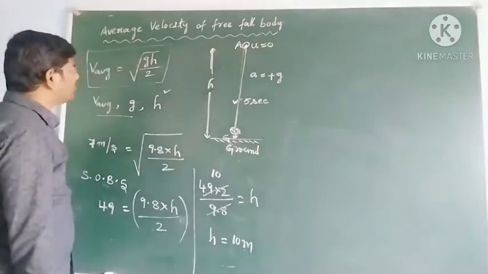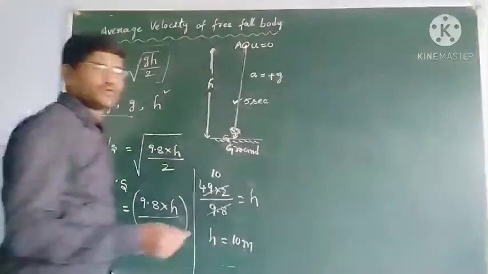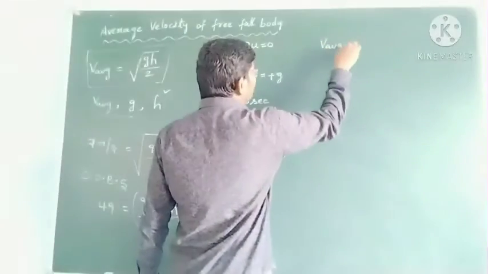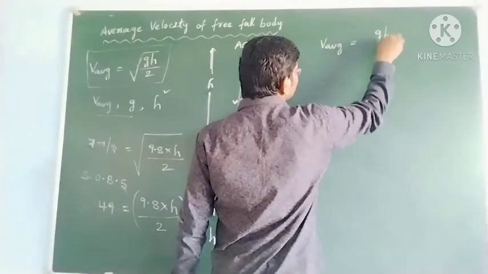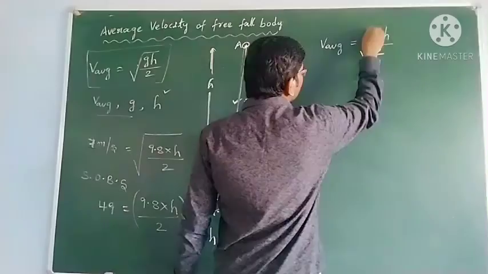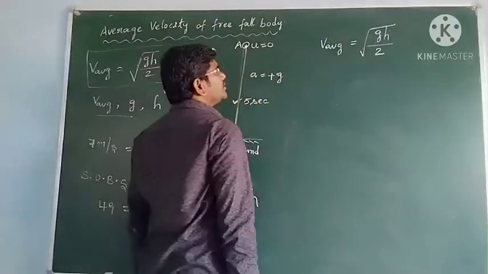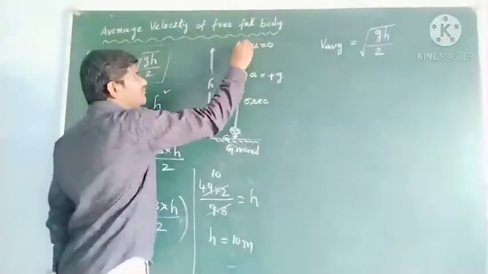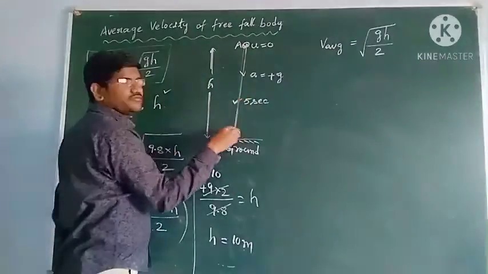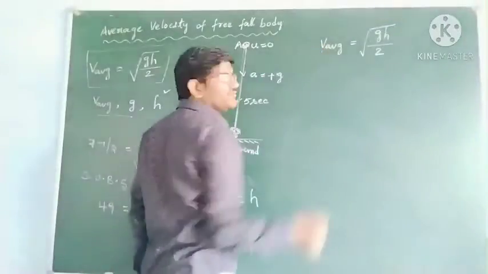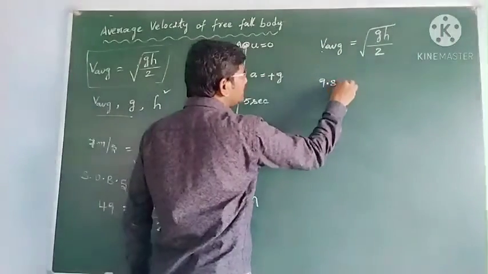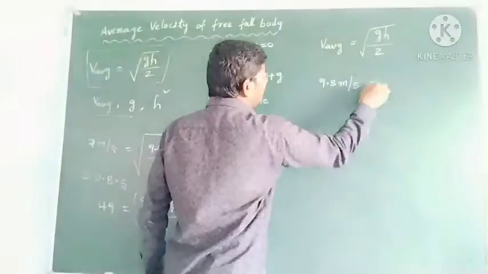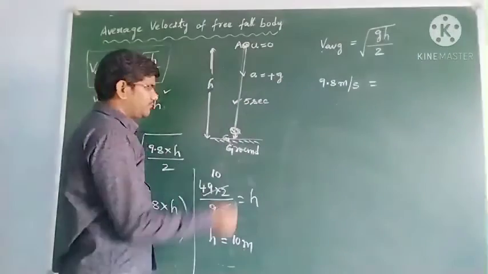So next one, what is given? The average velocity formula we know. So V average is equal to, what do we have students, root of gh by 2. The average velocity of a freely falling object I have given 9.8 meters per second on reaching the ground.